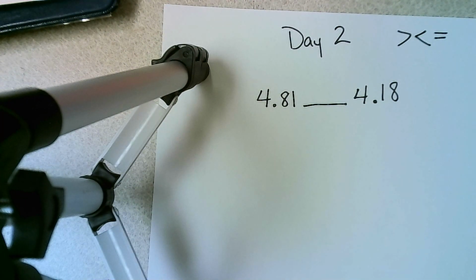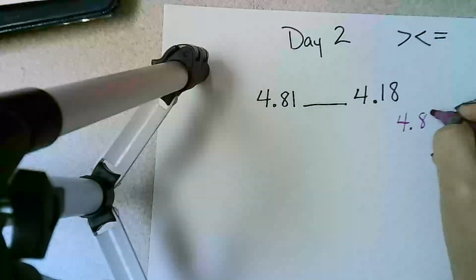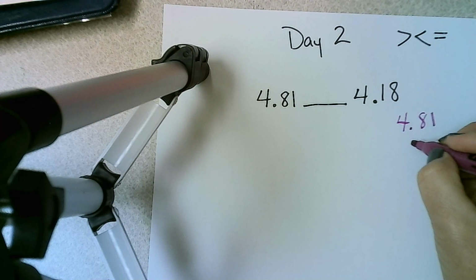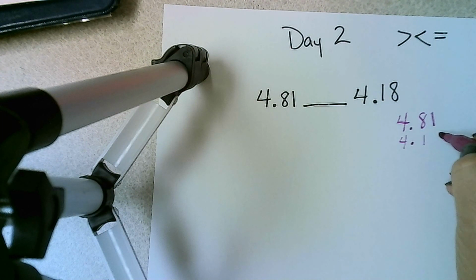So you would take and rewrite the problem on your paper. 4 and 81/100, and make sure you're lining up the dot, the decimal, 4 and 18/100. Now it is all lined up.